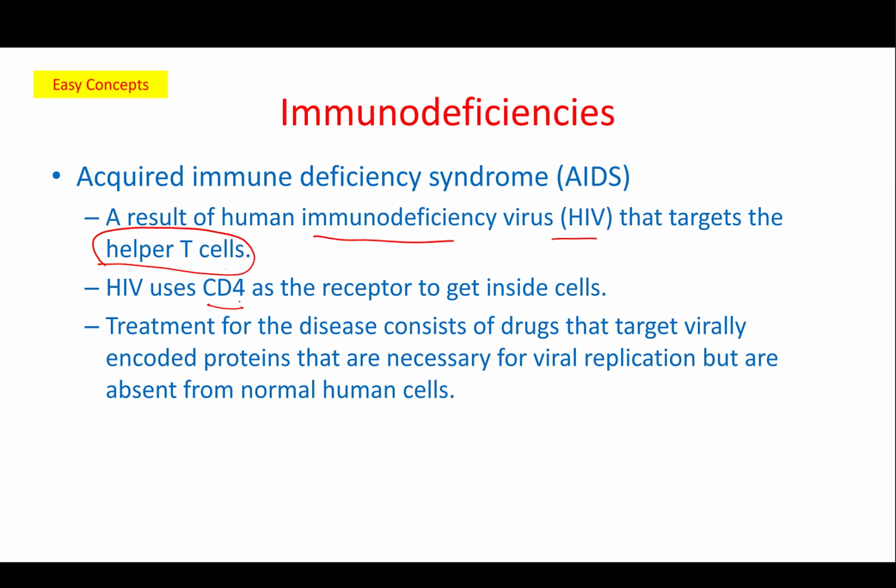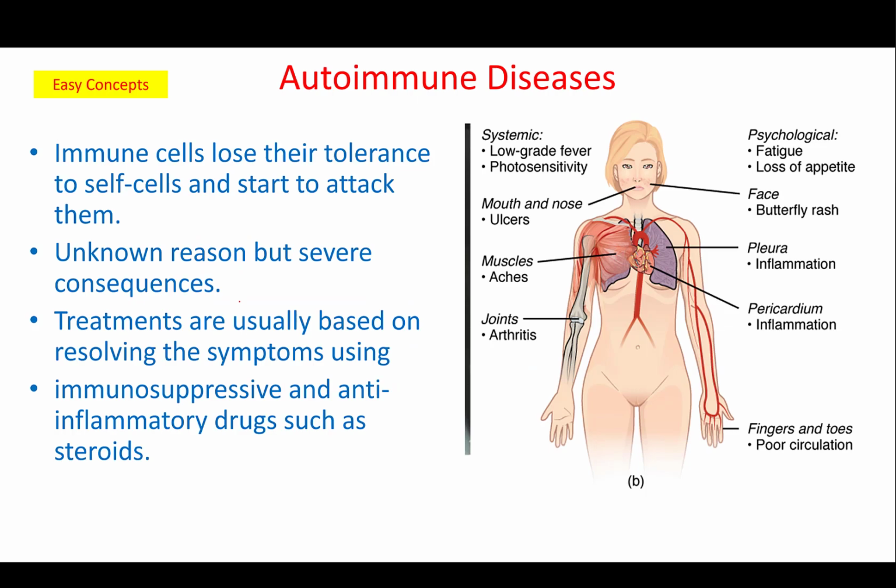Now AIDS in general is not as severe a disease as it used to be, one that would cause a significant amount of problems in the patients. Patients can live now with AIDS for an extended period of time, and the treatments are now better in dealing with those viruses. Then there are the autoimmune diseases, and this is a big group of diseases that can virtually target almost any organ in the body.